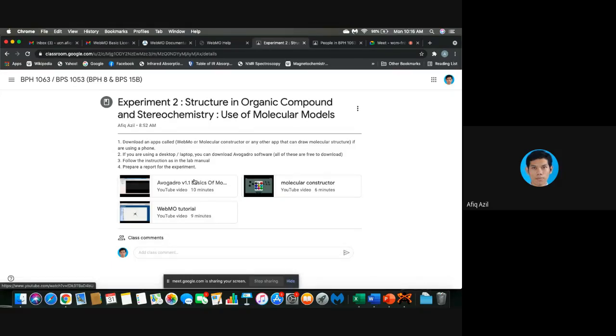Okay, and yes, these 3 are definitely free, so you can just search in Google, go to their website, and download. Avogadro is the easiest to install.